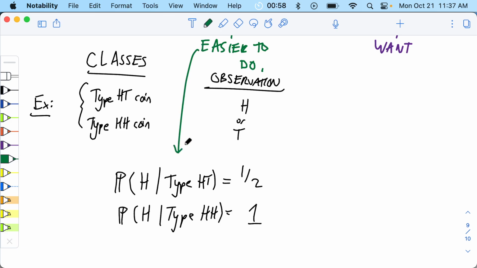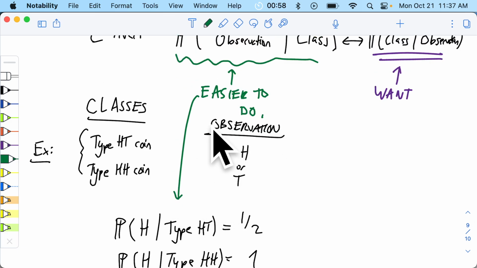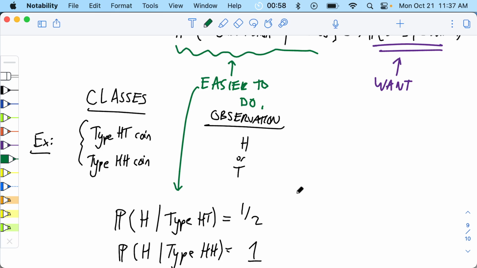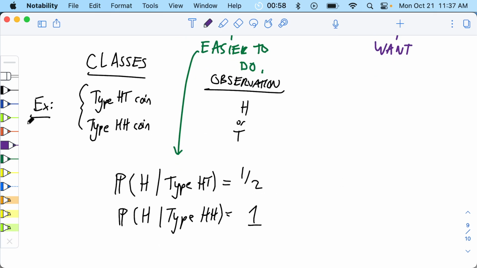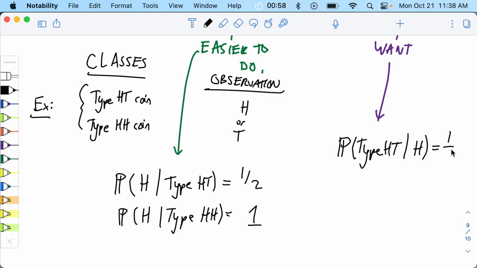Very often, if you know the class, the probability of the observation given the class is quite easy to do. The harder thing that I think bamboozled a lot of people last class is: what's the probability it's a type heads tails coin given it's a heads? We saw that was 1/3. That's harder, but that is the thing you want when you're doing classification. So that's the setup. We're going to see some examples. But any questions or comments about importing the knowledge from last week?